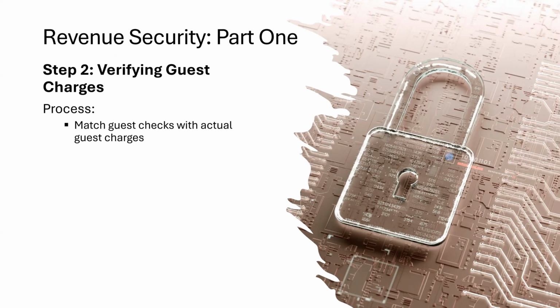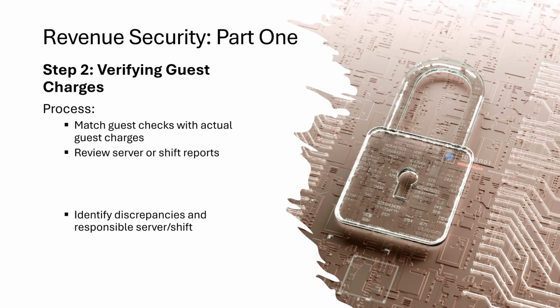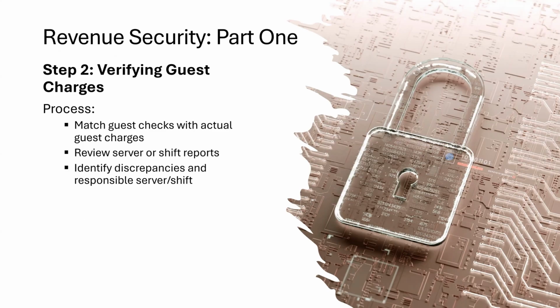The process here is to match the guest checks with the actual guest charges. Review server or shift reports, right? We want to make sure that everything's done accurately and identify any discrepancies and the responsible server and what shift they're on. So again, if something's not right, you have records to show who potentially rang it in and what part of the discrepancy belongs to whom.